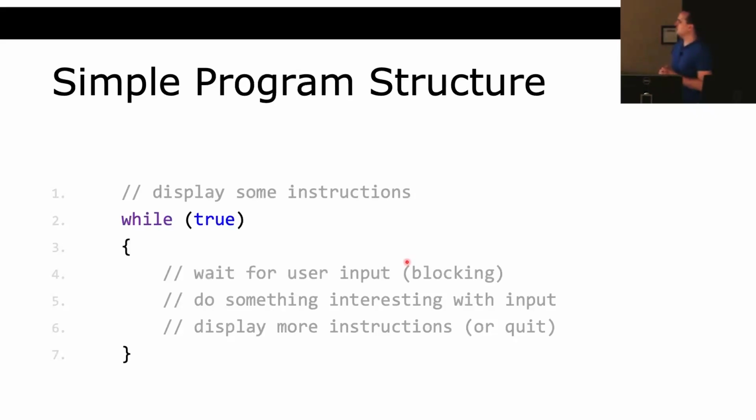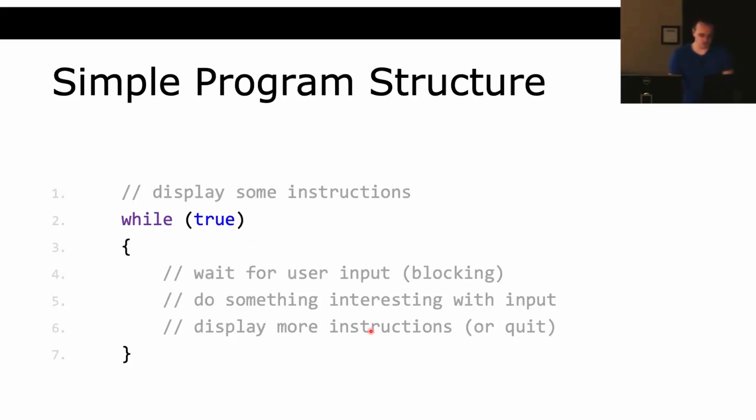We're going to wait for some user input, and the important thing here is that, you know, these early programs that you write, all of that user input is called blocking input. You've heard of blocking versus non-blocking, of course, yeah. So this blocking user input, essentially, the program does not continue until you give it that input, right? And so that's very important and a distinction from video games, which we'll talk about in a bit.